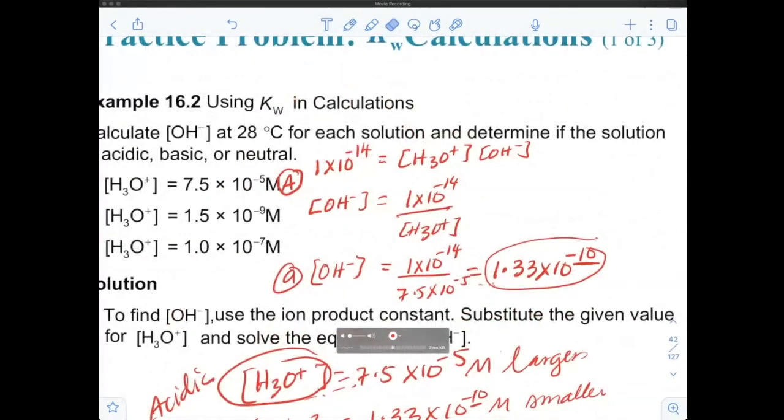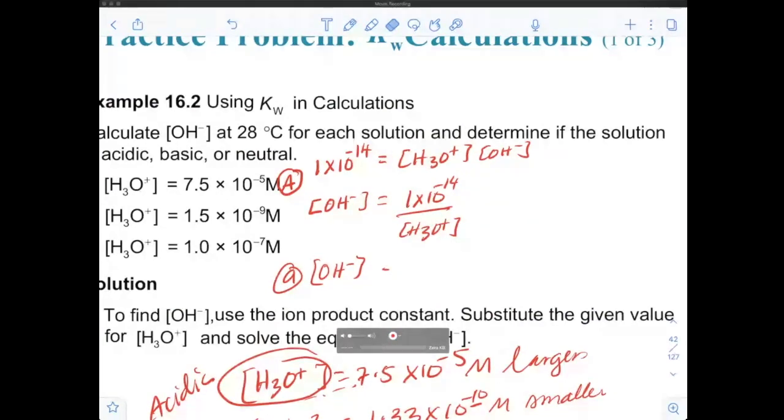I'm going to do it this way for all three of them. The next one I have 1 times 10 power negative 14 divided by the second one here, 1.5 times 10 power negative 9.